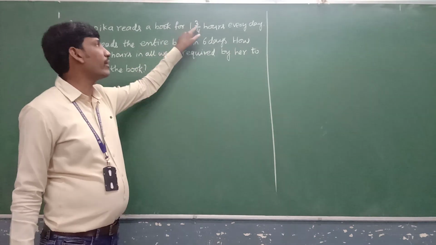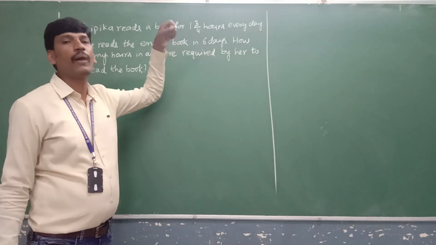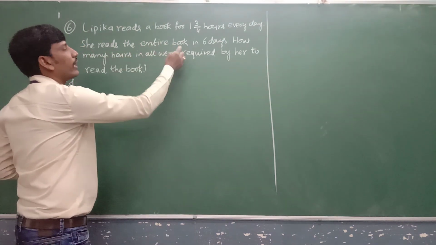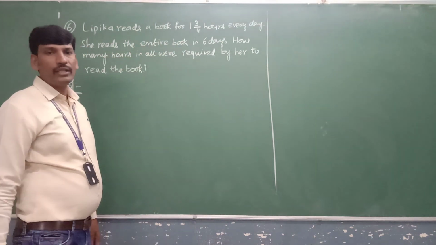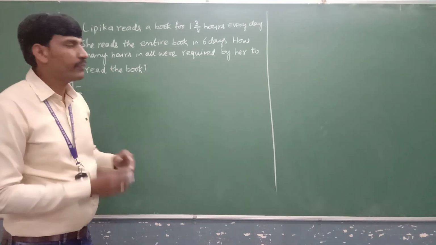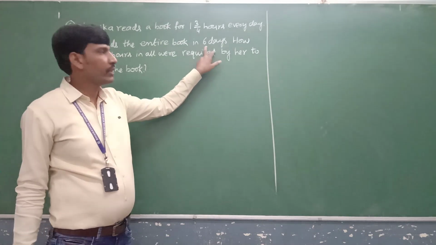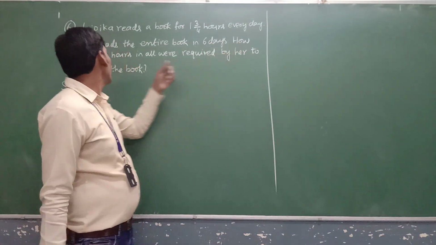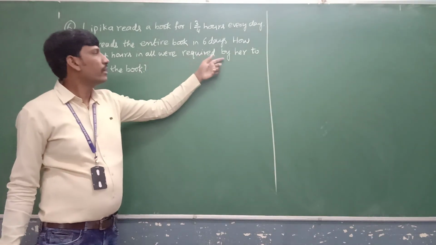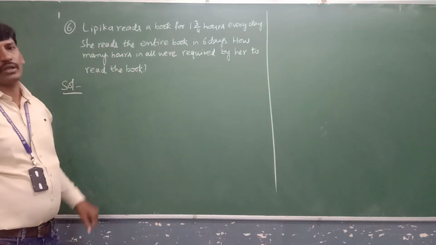Yes, 1 3/4 hours she will read every day. She reads the entire book in 6 days. So she completed one book in how many days? In 6 days she completed. So now the question is how many hours in all were required by her to read the book?